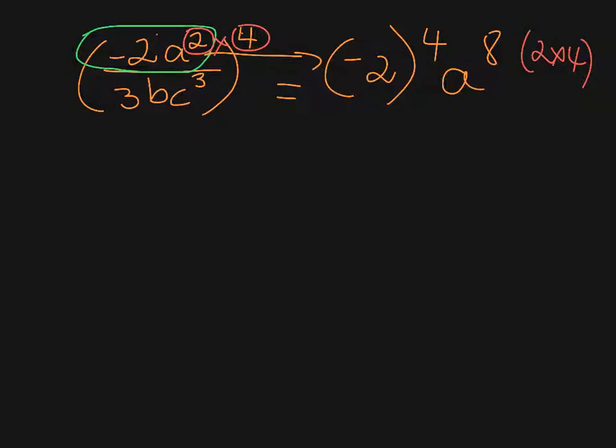Okay, so the first line has been solved so far. Now the bottom part. Now we have 3 here raised to the power of 4. So it'll look like this, 3 to the power of 4. Again, we have b to the power of 4, so that is b4.